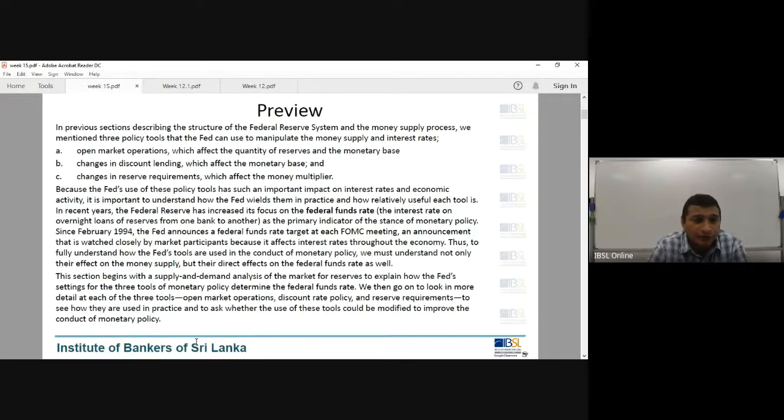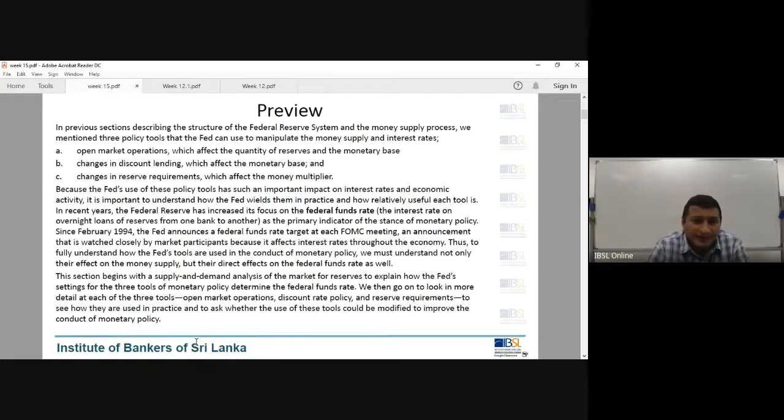Central banks all across the world started using these non-conventional instruments, especially during periods of crisis, right? And we will come back to those. But these conventional policy tools I started discussing when we were discussing the Federal Reserve System and the Central Bank of Sri Lanka, some details. And also in the money supply discussion, we defined some of these here and there.